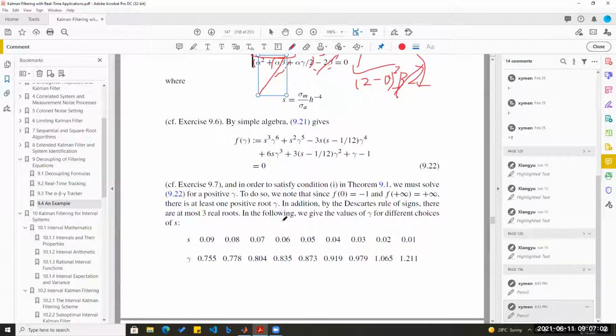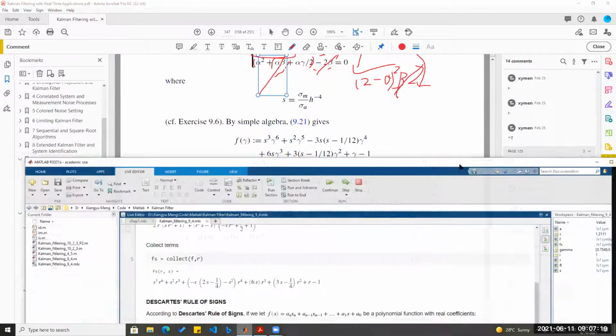Then given this polynomial, how do we determine how many positive real roots there are? We can use something called Descartes' rule of signs.